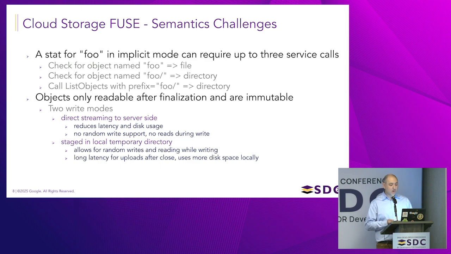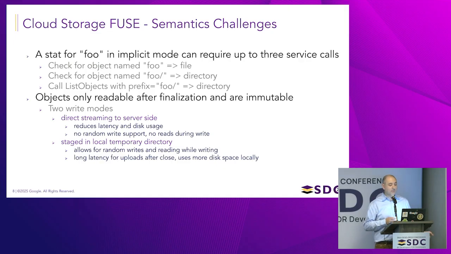We have direct streaming mode, which reduces latency and disk usage because as you're writing a file, it's uploading to the object storage as you're streaming bytes. But again, you can't do random write support because it's a sequential append-only write mode. And you can't read while you're writing. So the file doesn't show up in the file system until you finish and call file close.